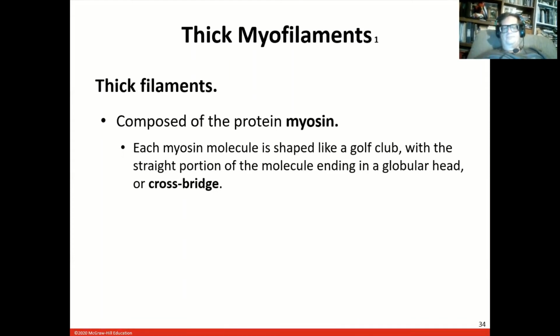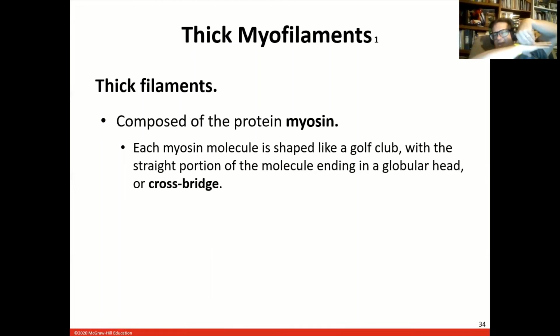But anyway, you have this head that sticks out. Imagine we have a myosin molecule, and here's the head on the end of it. You're going to have lots of those, and those heads that are hanging down are what will grab onto the actin and pull it.